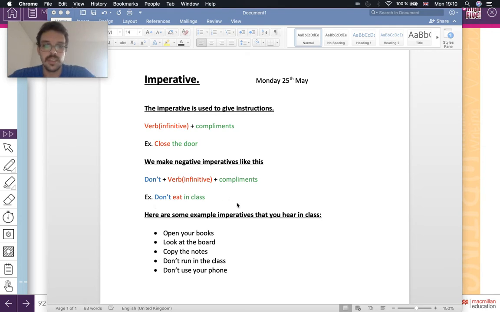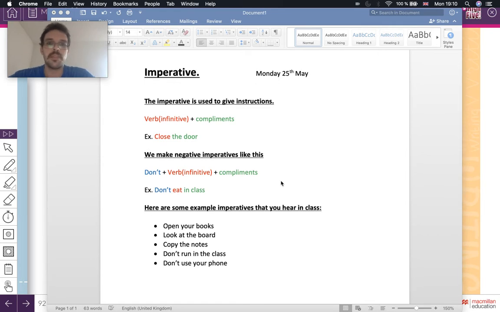So all you need is don't, and then the verb and the complements. So copy this into your notebook. If you have the colors to color the different types of words, then use the colors, but otherwise, don't worry. That's all it is, the imperative. Very, very easy.